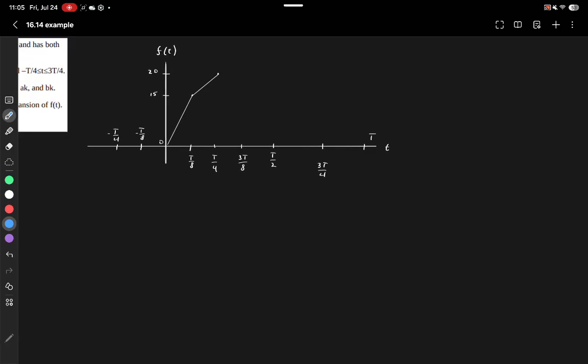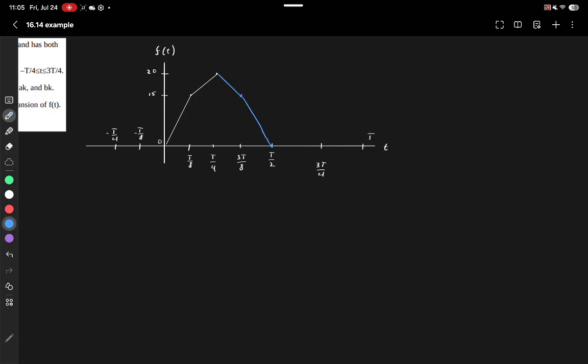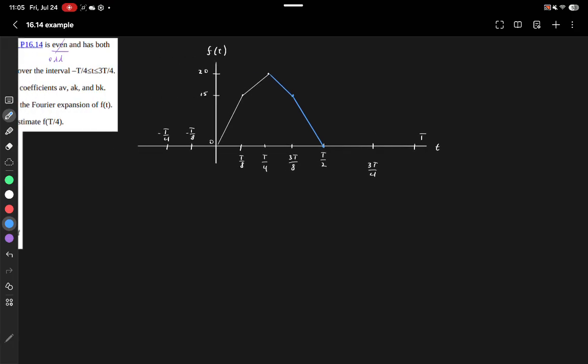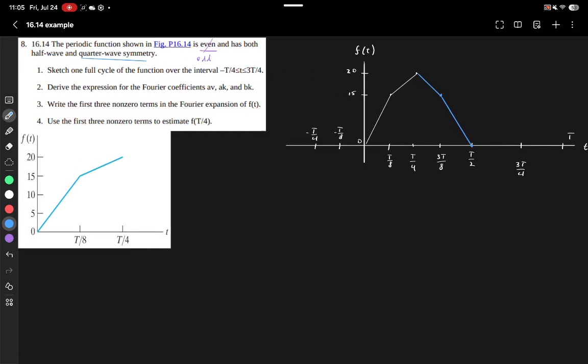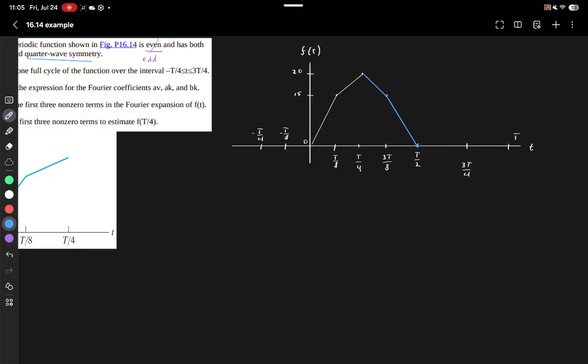Quarter wave symmetry. Basically, that just means that we can go through and fill in the rest of the portion here. Filling it in like this, right? So we're looking at something a little bit more sinusoidal, something we're a little bit more familiar with.